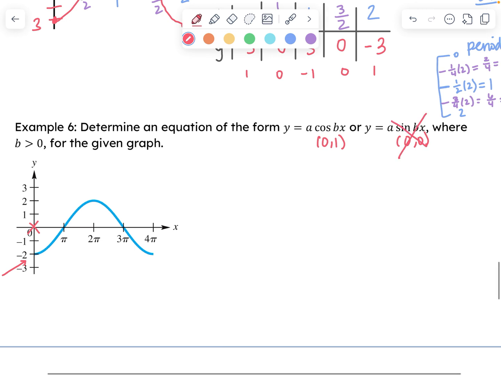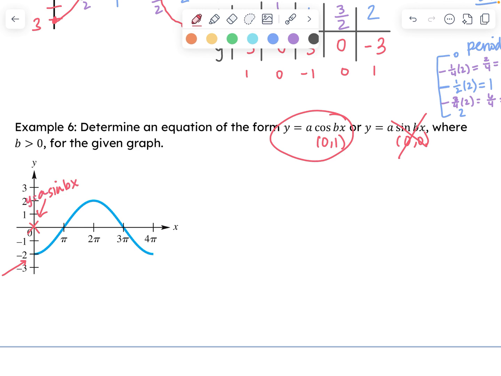Since we're not starting at 0, 0, we know it's not a sine. So that's how I know that it's going to be a cosine graph, because I'm not starting here. If it was starting here, that's where I would have the sine graph. So I'm going to build my basic y equals cosine of something. And then I'm going to try and fill stuff in.